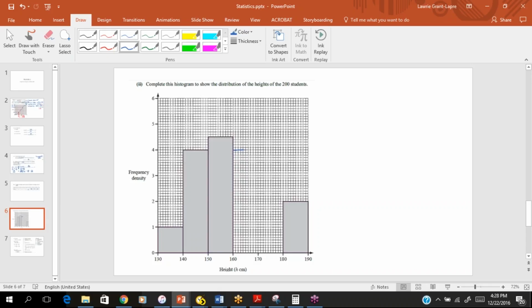1, 2, 3, 4, 5. So we have to have a 1 centimeter column of 4. Because it's twice as high because it's only half the width.